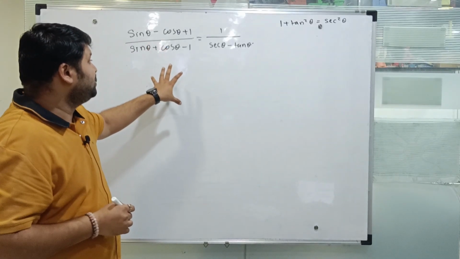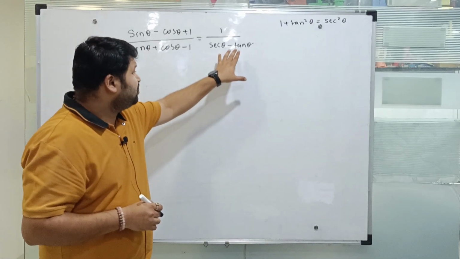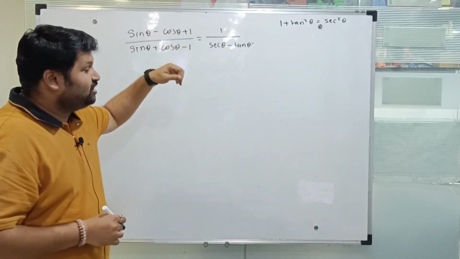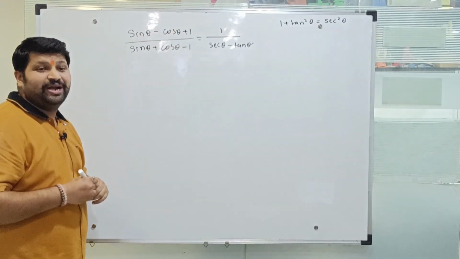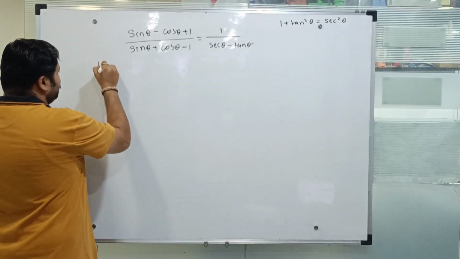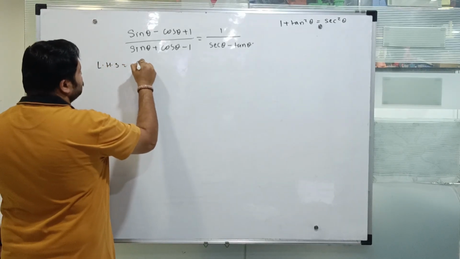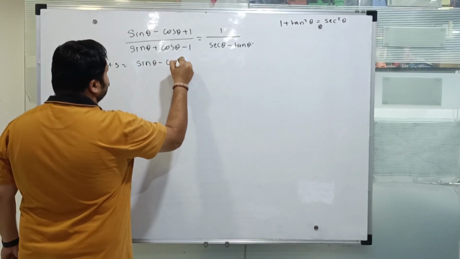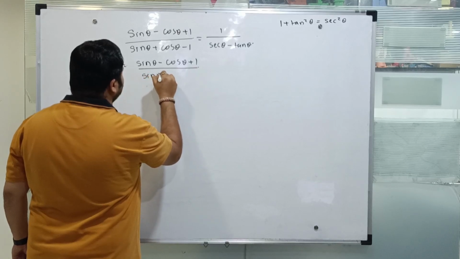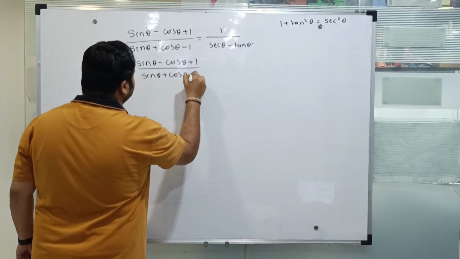First thing we need to do is convert these into sec and tan. The easiest way to do it is to divide by cos theta. So I can say LHS is equal to sin theta minus cos theta plus 1 upon sin theta plus cos theta minus 1.